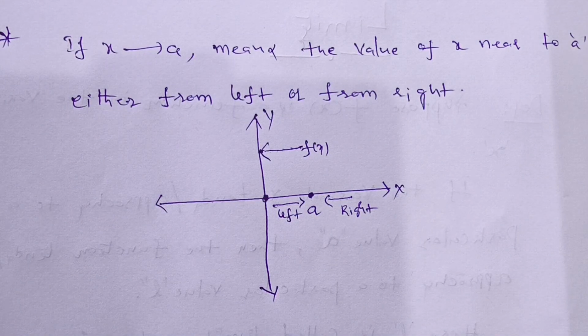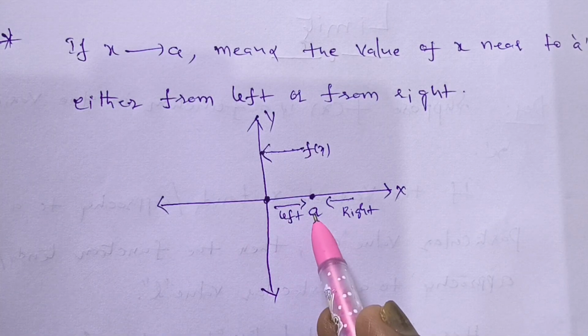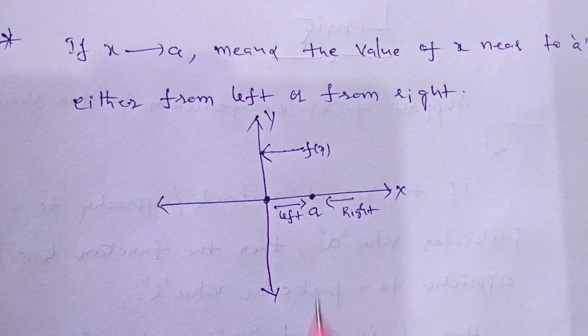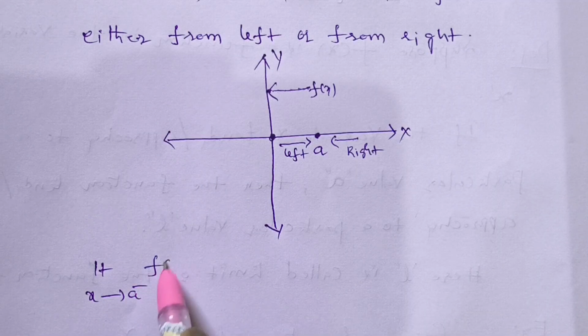So from this graph, we conclude that if all x values approach a from the left, then the functional value can be denoted as limit x approaches a minus f of x.